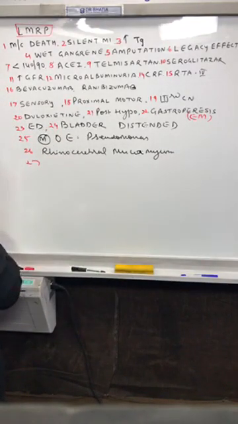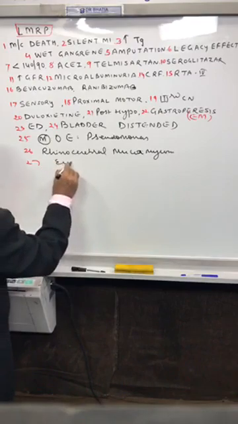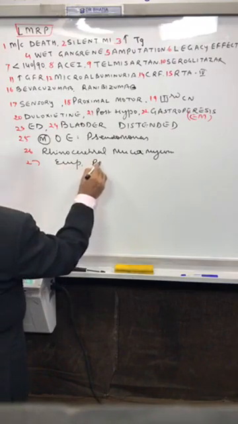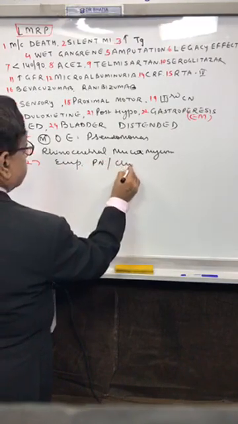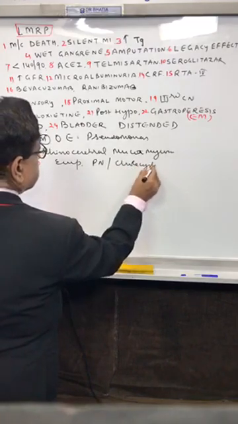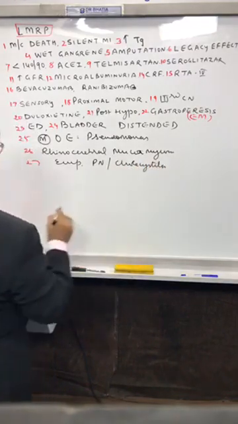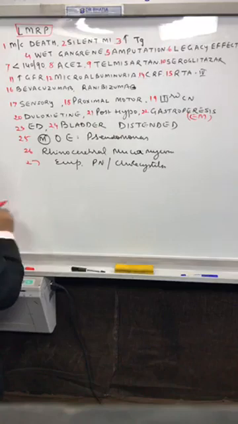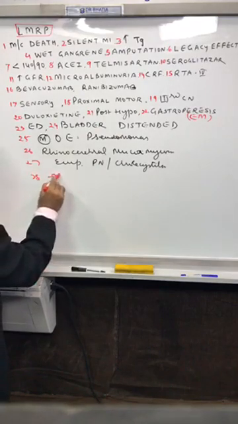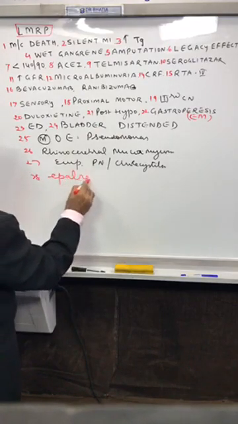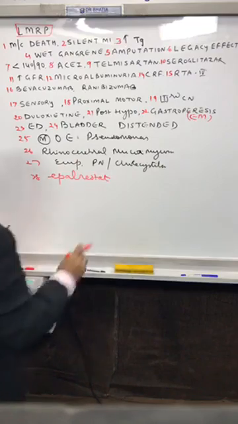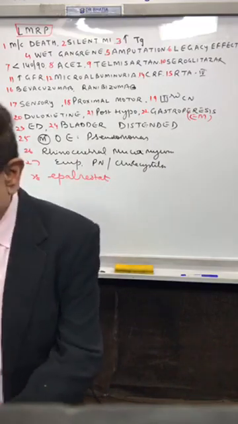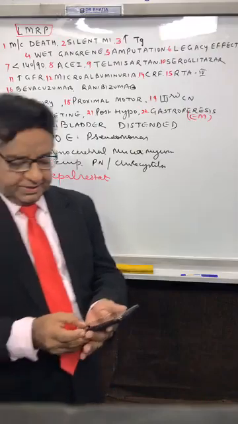Then we got emphysematous pyelonephritis and cholecystitis. Then we talked about epalrestat, which is an aldose reductase inhibitor.